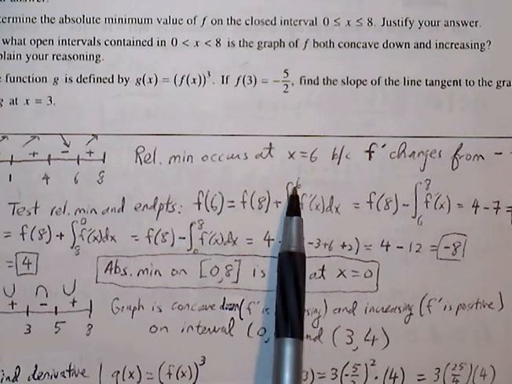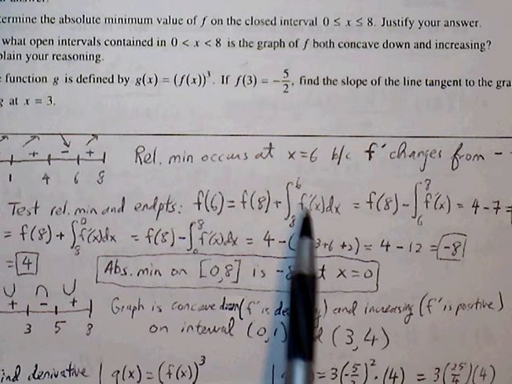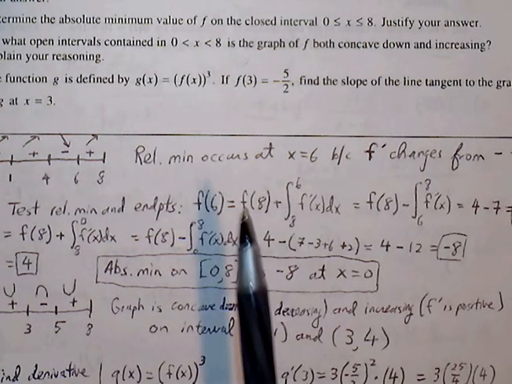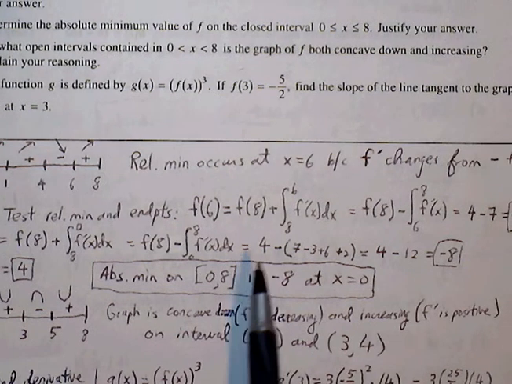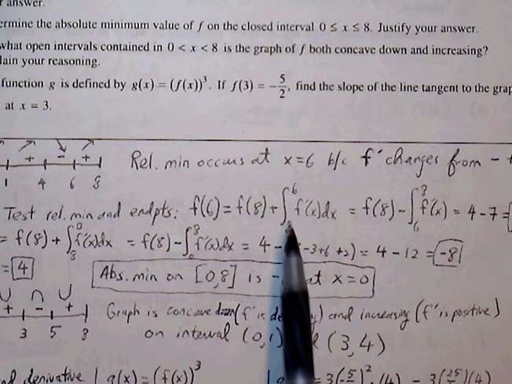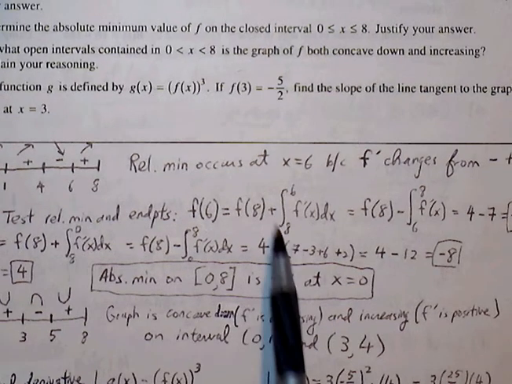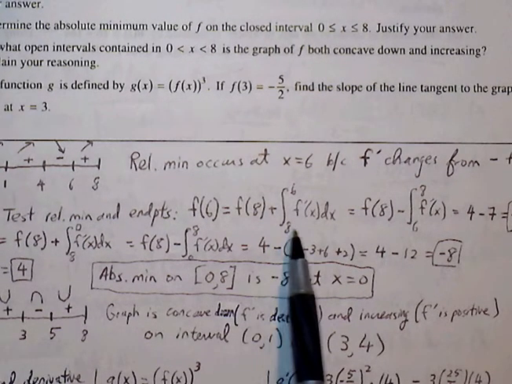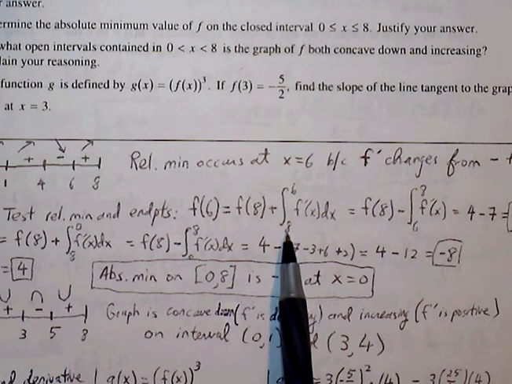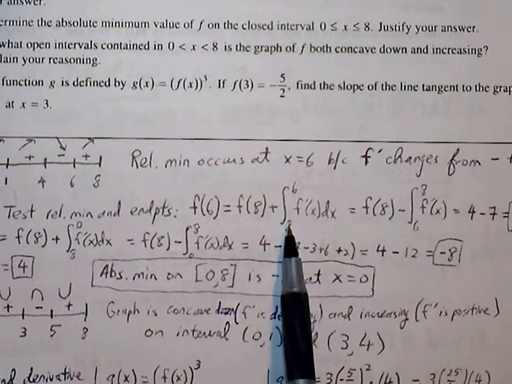Even though this is the way that we want to set up because we're starting at 8 and we're going backwards, we like to evaluate definite integrals with the lower and upper bounds in the right place. So it makes it easier if we can rearrange this so that our lower bound is the smaller value. So I'm going to rearrange it. If I rearrange the 6 to the bottom and 8 to the top, that means I have to change the sign.